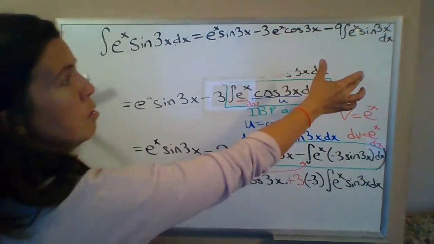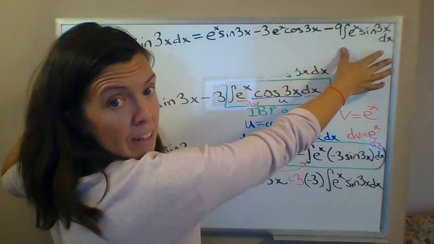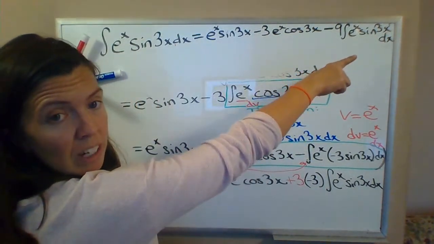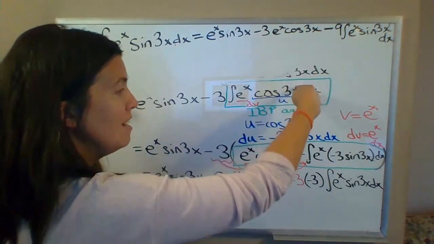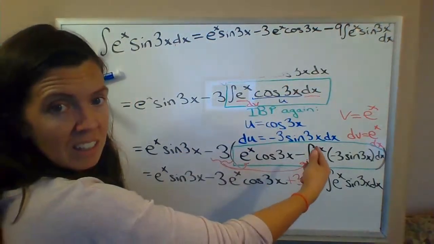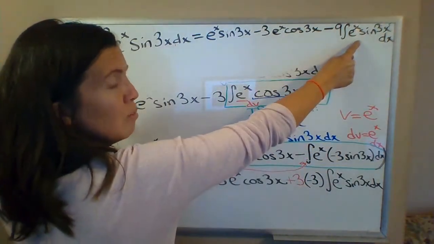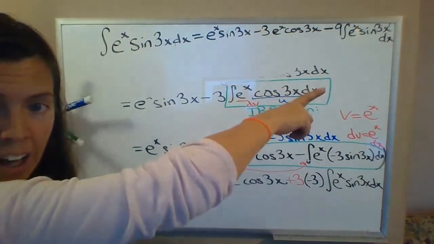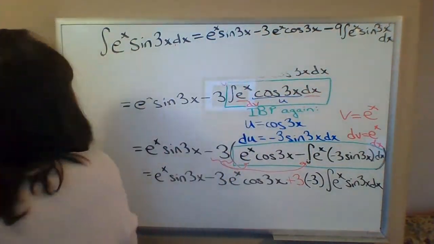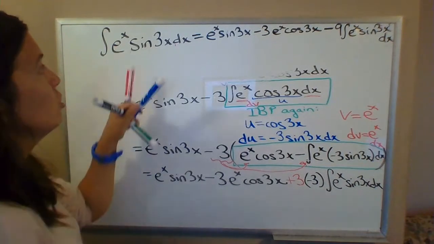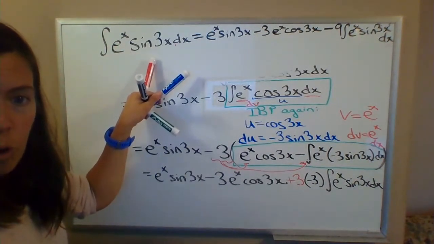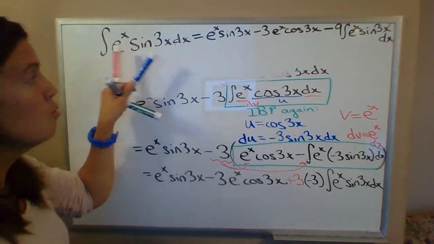But notice we came back to the original integral. We applied integration by parts twice, and we ended up circling back to the original integral, which is not as dire a situation as it might seem, because now we can actually solve for the original integral. This is what we're really after, right?